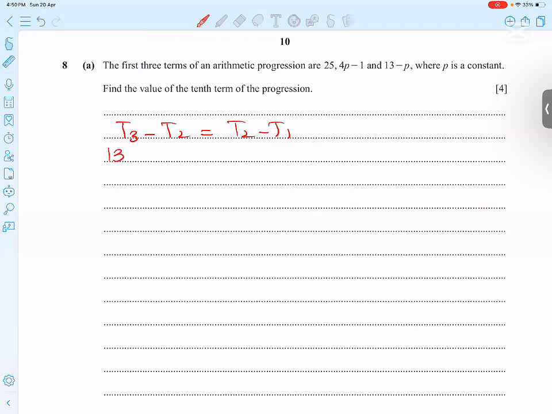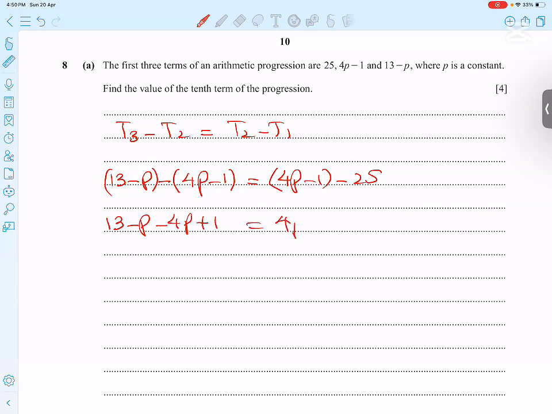So 13 minus p. Be careful. This question is nothing hard. If you make a mistake, it would be only due to a silly mistake, a sign mistake. So 13 minus p and negative 4p minus 1 minus 25.